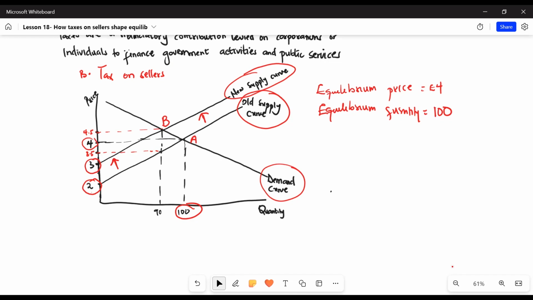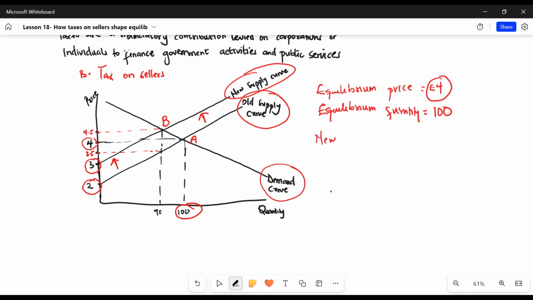Now, to see what the new price buyers are paying and sellers are receiving, let's analyze the effect of this tax. Before the tax was implemented, equilibrium price is 4. After the tax was implemented, the price increased to 4.5.